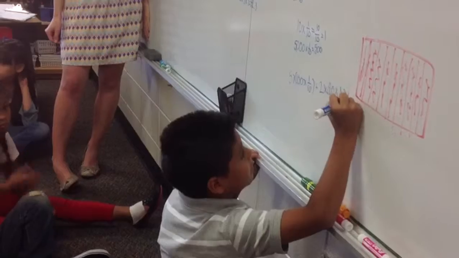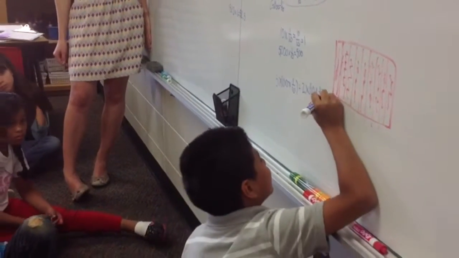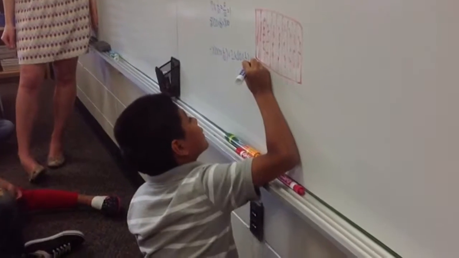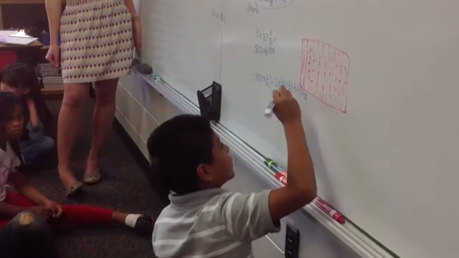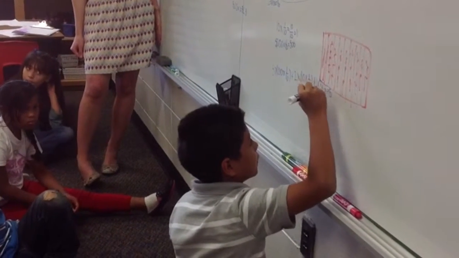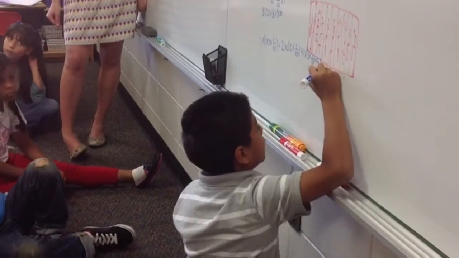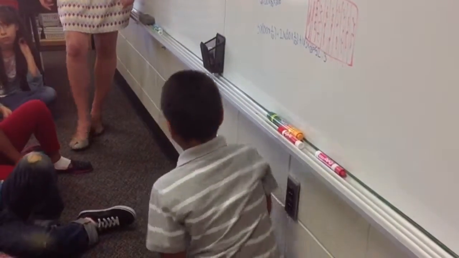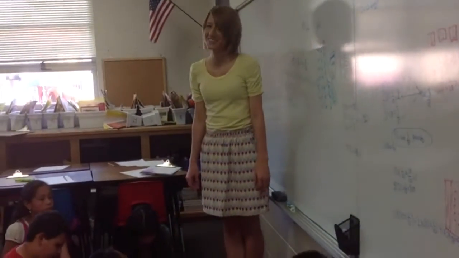Plus 1... I'm going to get someone can see it. 3 times 1/10 equals 52.3. You're going to mix your fractions and your decimals. Okay. All right. Thank you. Good job, guys.